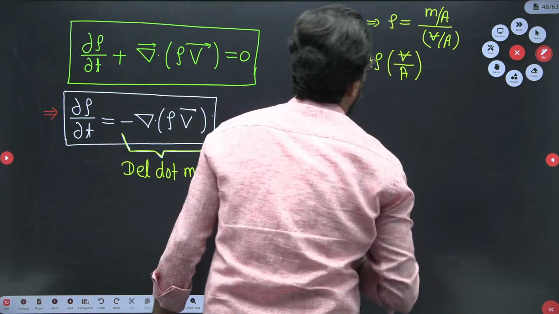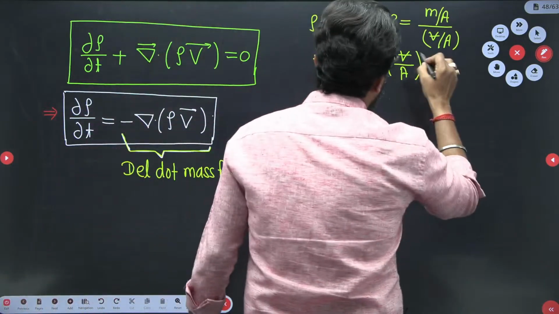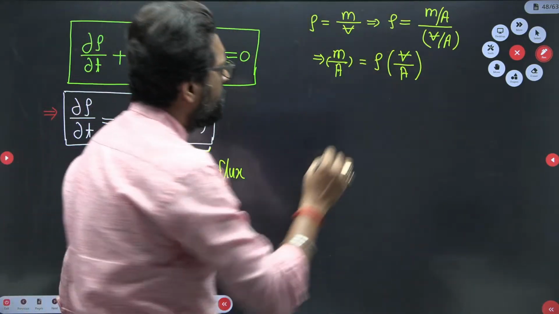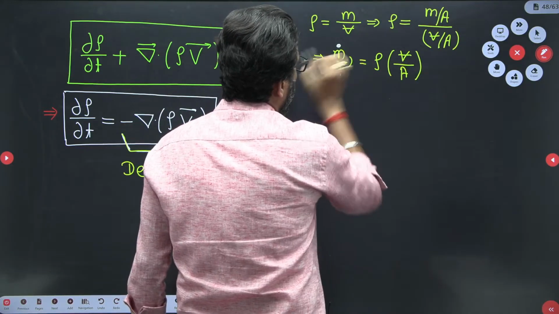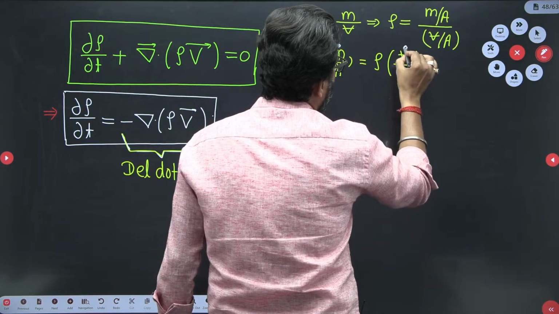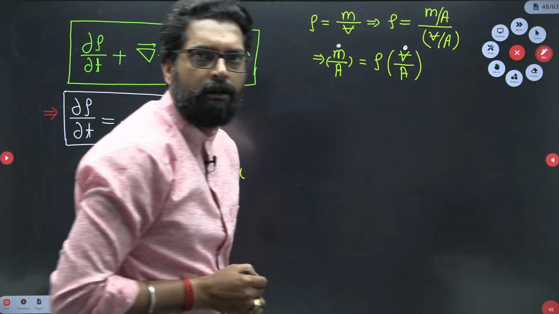Now if you write m dot, the rate of mass, so this is density times volume dot. So the volume flow rate divided by area is what? Velocity.